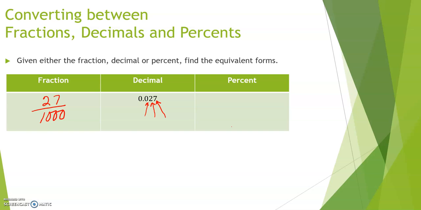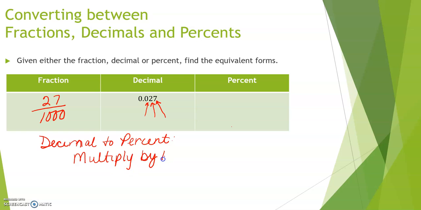Our percent, decimal to percent, we multiply by 100. So our percent is going to be 2.7%.